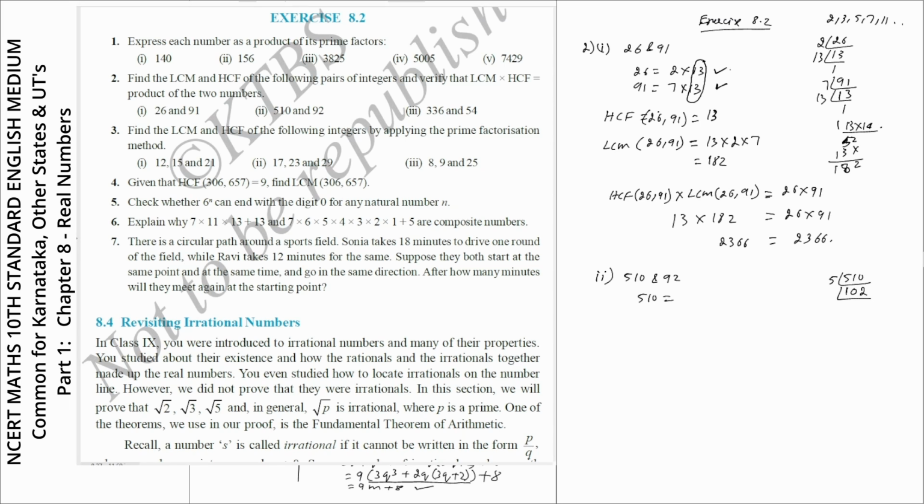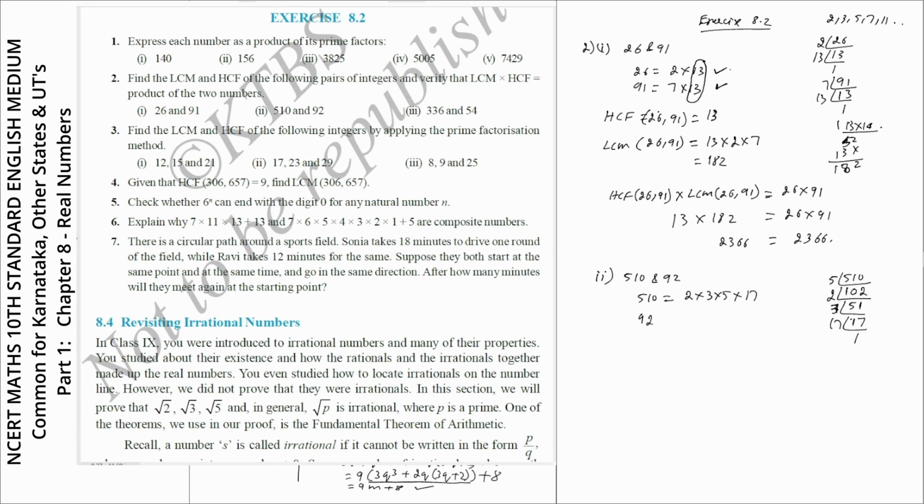Then 102 is not divisible by 5, it is divisible by 2. 2 fives are 10, 2 ones are 2. 51 is divisible by 3. 3 ones are 3, 3 sevens are 21. 17 is a prime number. So 510 I can write as 2 into 3 into 5 into 17, in ascending order of the prime numbers.